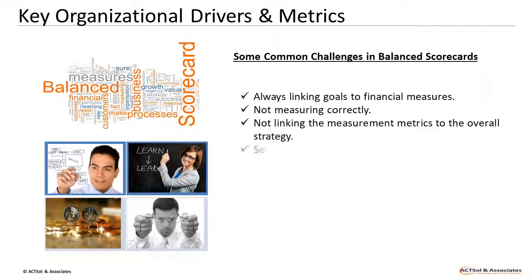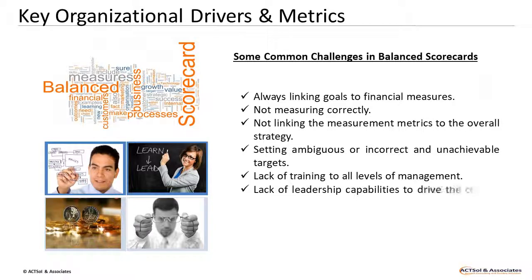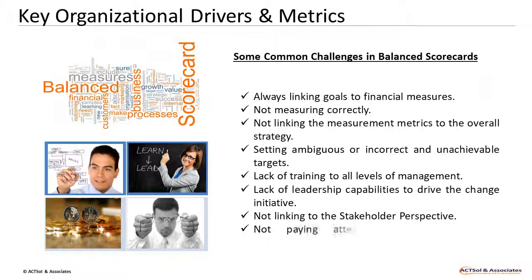Number 4, setting ambiguous or incorrect and unachievable targets. Number 5, lack of training to all levels of management. Number 6, lack of leadership capabilities to drive the change initiative. Number 7, not linking to the stakeholder perspective. And number 8, not paying attention to cause and effect relationships, forgetting that every assigned objective is a part of a chain of cause and effect relationships that represent the strategy.